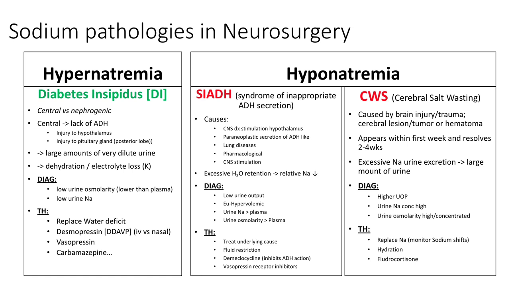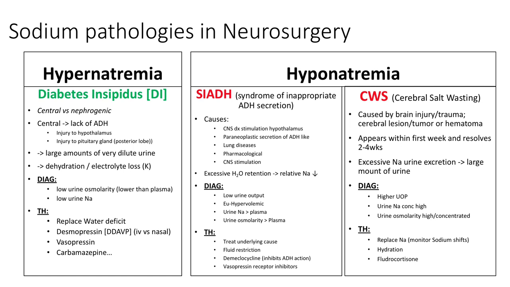Diagnosis is made by, you have a relatively low urine output, however the patient appears to be hypervolemic. They are on the volume upside. Looking at your urine electrolytes, your urine sodium is higher than your plasma concentration, and your kidney is able to concentrate. Not excessively, but your urine osmolarity is above plasma osmolarity.